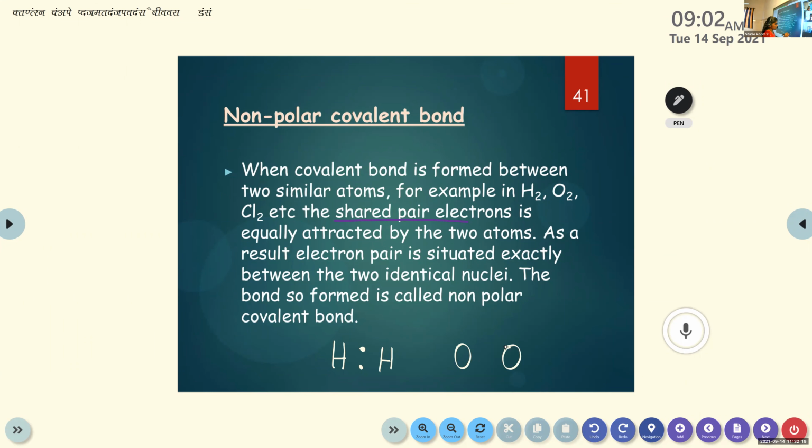In the case of oxygen also, like this. I have only represented the bonded pairs now. So this is mainly possible in the case of molecules with similar atoms, H2, O2, Cl2, etc.